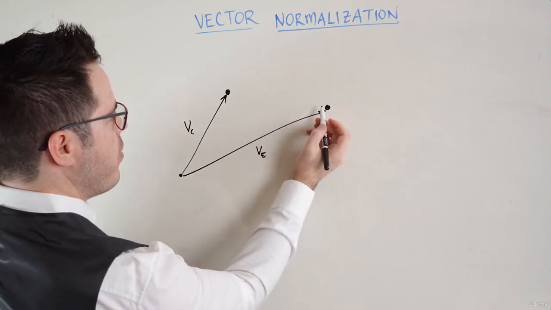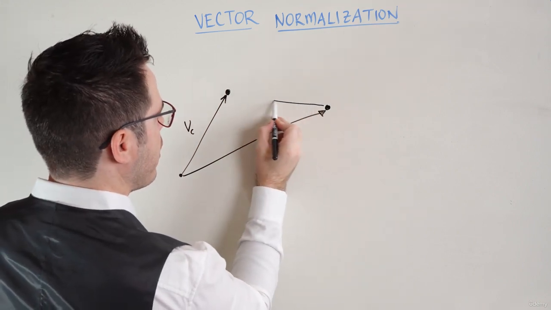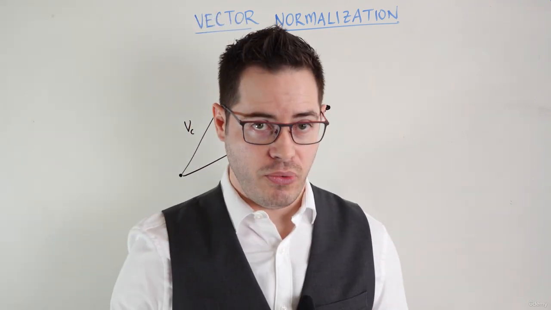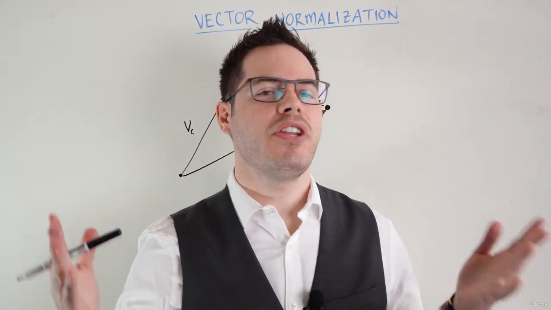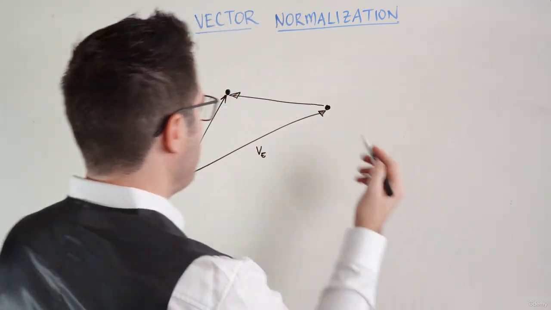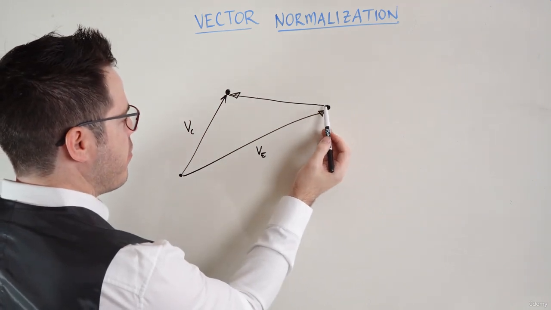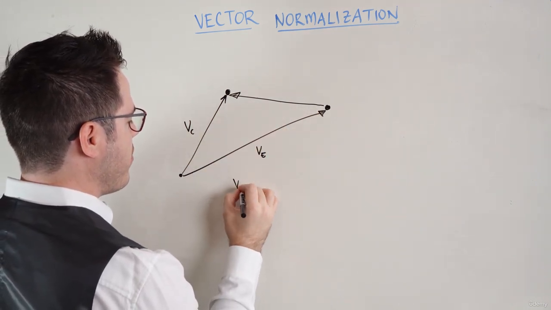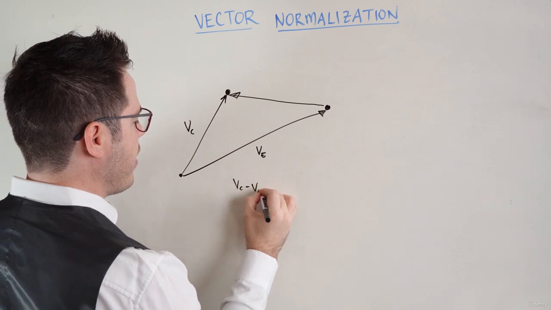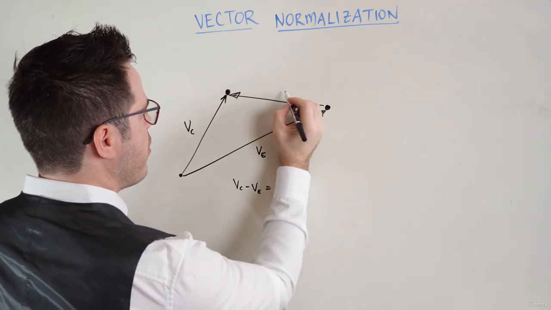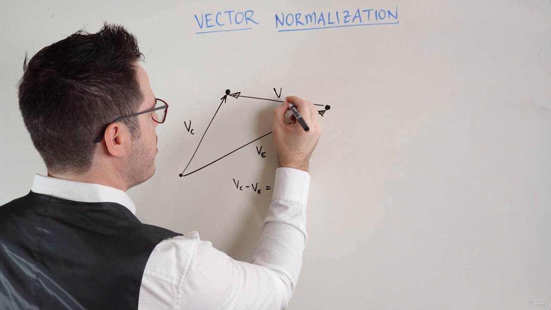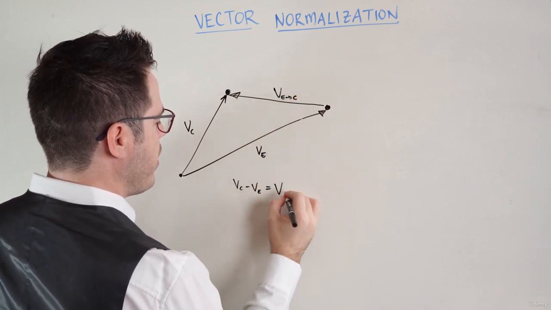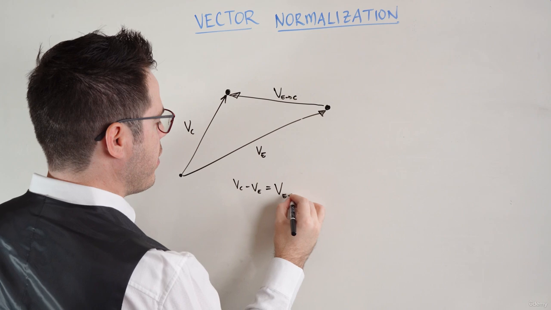Now let's say that our enemy wants to move towards our character, and we want that enemy to move at a constant rate. Let's just say 1 unit per second. Well, we know that we can calculate the vector from v sub e to v sub c, right? It's going to be v sub c minus v sub e. That's going to be this vector, the vector from the enemy to the character. V from E to C.